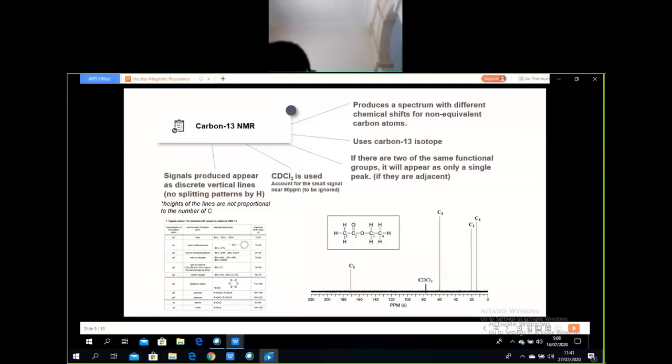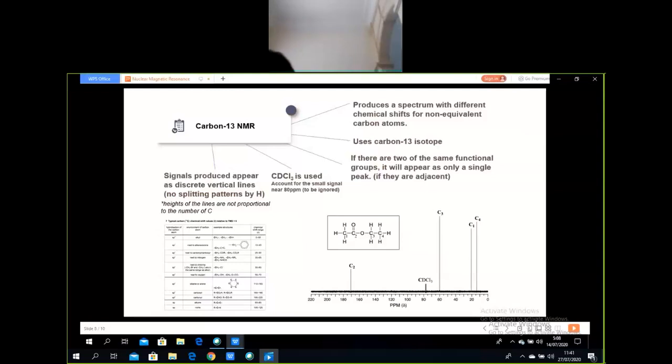Therefore, it has no signal on the NMR spectrum. NMR only works with an odd mass number atom. However, 1% of the carbon atoms in any sample of an organic compound will be carbon 13. Each nucleus will interact with the magnetic field applied in NMR analysis, so it produces an NMR spectrum, with the chemical shift in ppm.